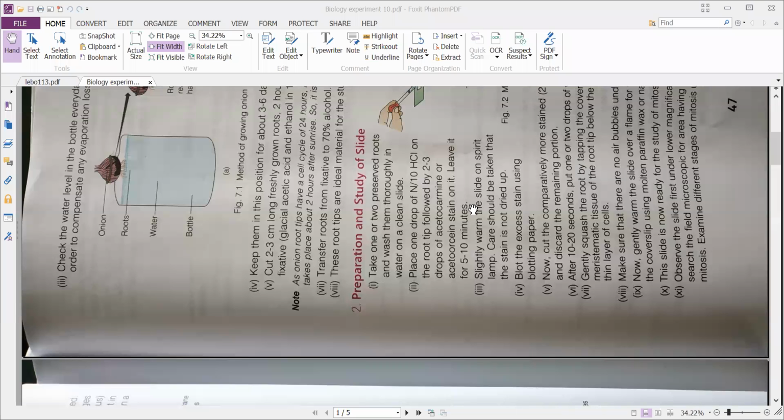And next, requirements. Next side heading, requirements.